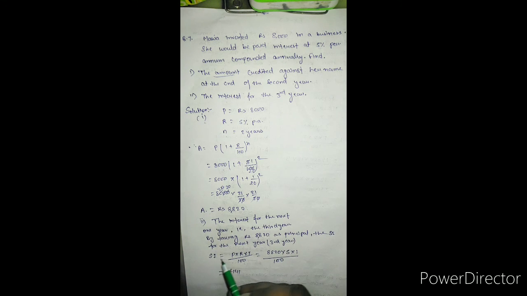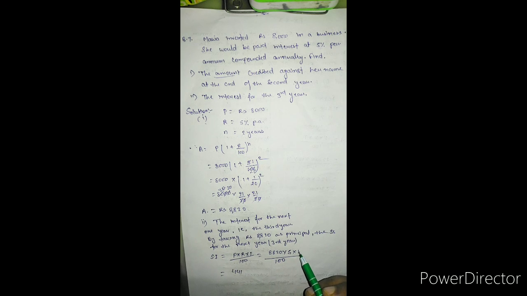SI is equal to P into R into T by 100, where P is 8,820, rate is given 5, and time we have taken 1 year, by 100. Now cancel the zeros, 5 ones are 5, 5 twos are, now cancel 2 4s are 8, 2 4s are 8, and 2 ones are 2. Now rupees 441 is the interest for the third year.